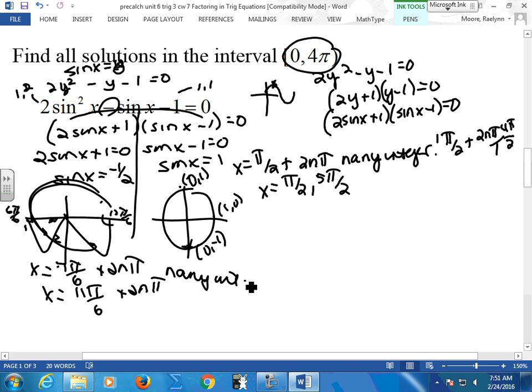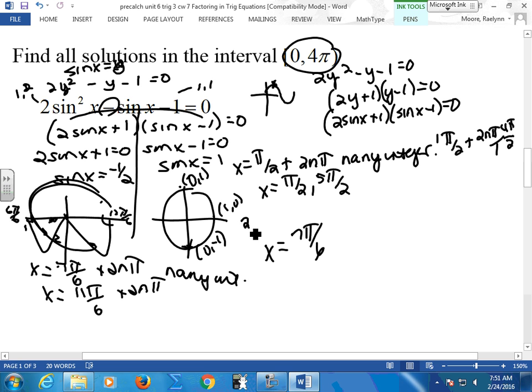Okay, now, I have two angles in 2 pi. If I have to go to 4 pi, how many angles am I going to get? 4. I'm just doubled. Isn't it just another full circle? Yeah. So that's a way for you to tell how far you're going to go. So I'm going to get another one out of 7 pi over 6 when I add 2n pi.